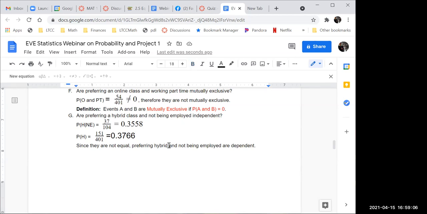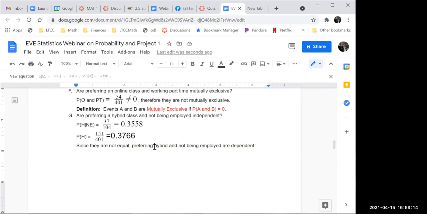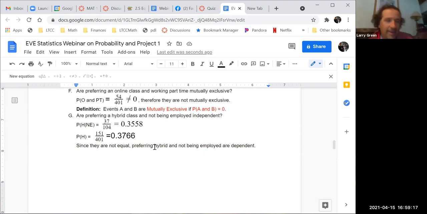So let me give you some examples that you can understand. Let's suppose that event A was the score of the last baseball game that the San Francisco Giants played, and let's suppose event B was the high temperature in Tokyo, Japan.